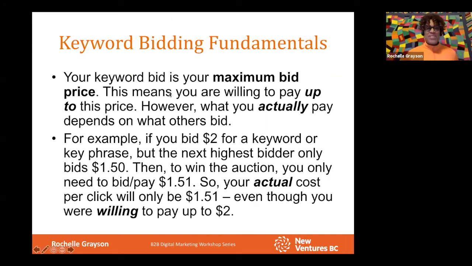How do you know how much your competitors bid? You don't know how much your competitors bid. Great question. What you do see is, after you've bid, Google will give you information in your analytics as to where you were ranking relative to other bidders. So it won't tell you the exact number, but it will give you information in your results saying, you know, your ad was number 4.